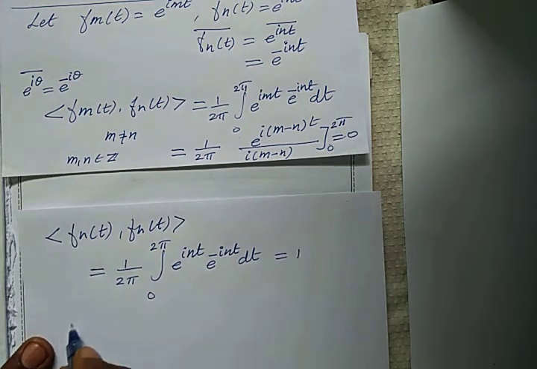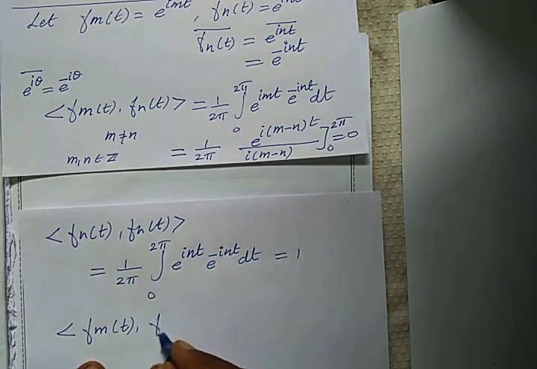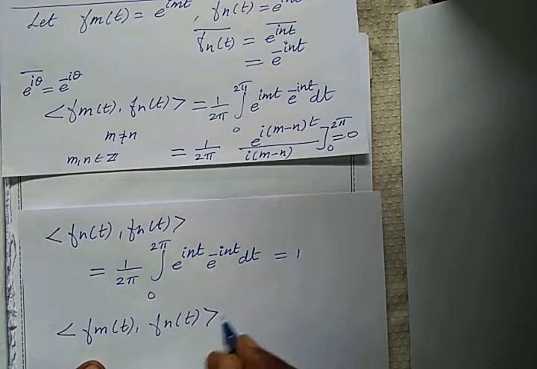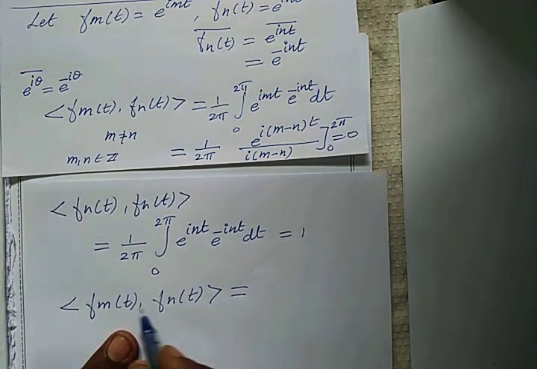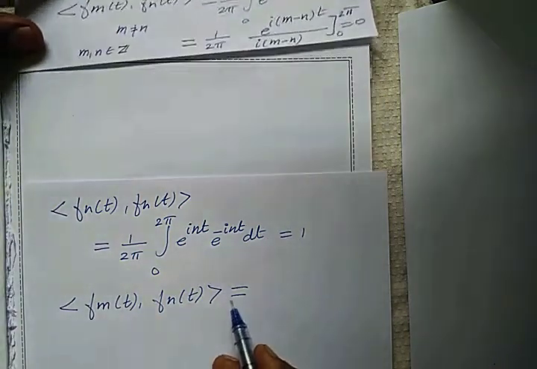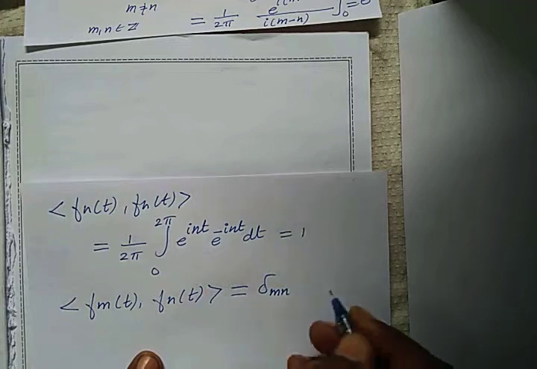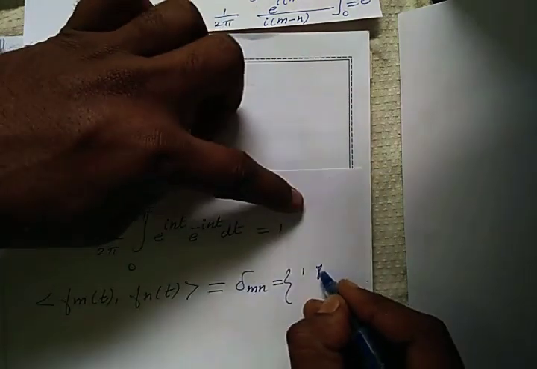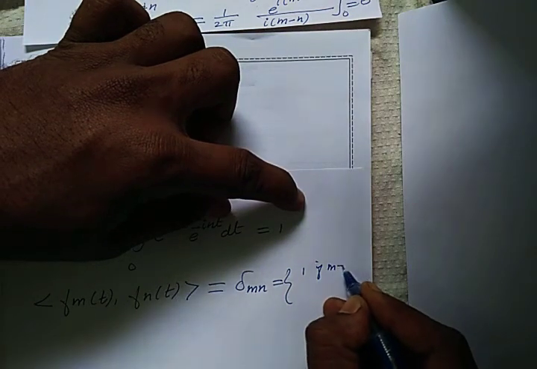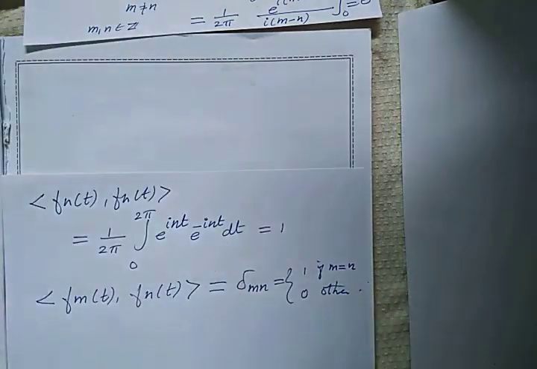So what we have got is the inner product of f_m(t) comma f_n(t) is equal to 0 if m and n are distinct, and equal to 1 when both are same. So this is equal to delta mn. What is delta mn? This is equal to 1 if m is equal to n, otherwise 0. This is the Dirac delta function.